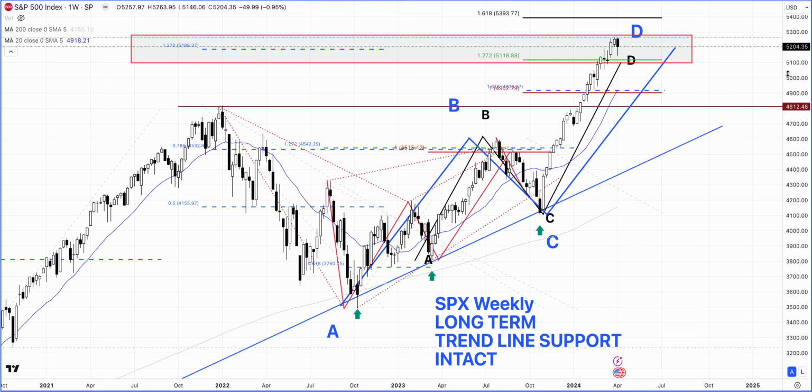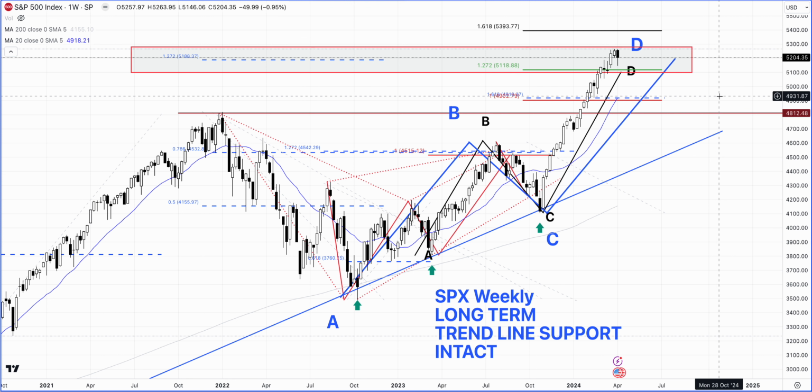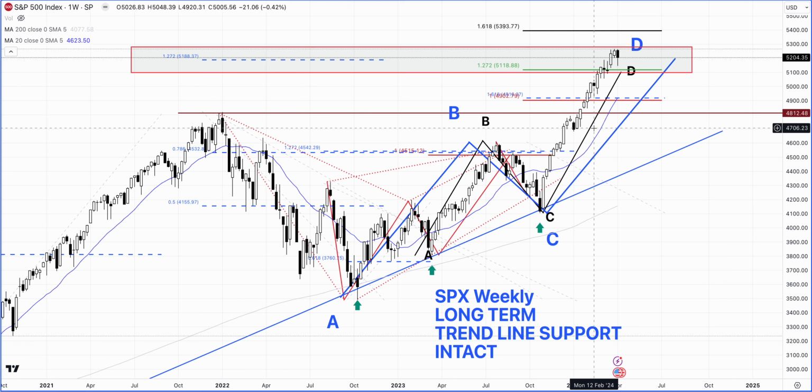One thing that is really important is that we are right into this region, the levels that we had been watching for. What is really key is to observe whether there is going to be a follow through or not, because there was no follow through here, no follow through here, and again after a couple of weeks, no follow through here.